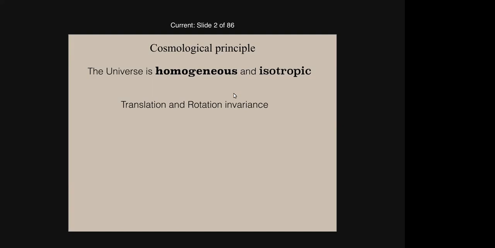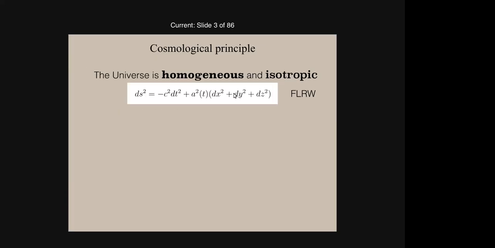Basically, it means that the metric you write is invariant under translation and rotation. And the most general metric that you can write in an expanding universe, as you all know, is the Friedmann-Lemaitre-Robertson-Walker metric. It satisfies the condition of homogeneity and isotropy.